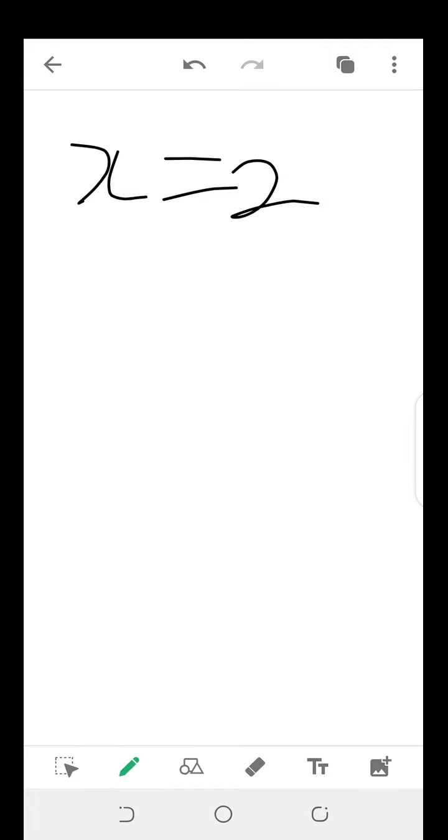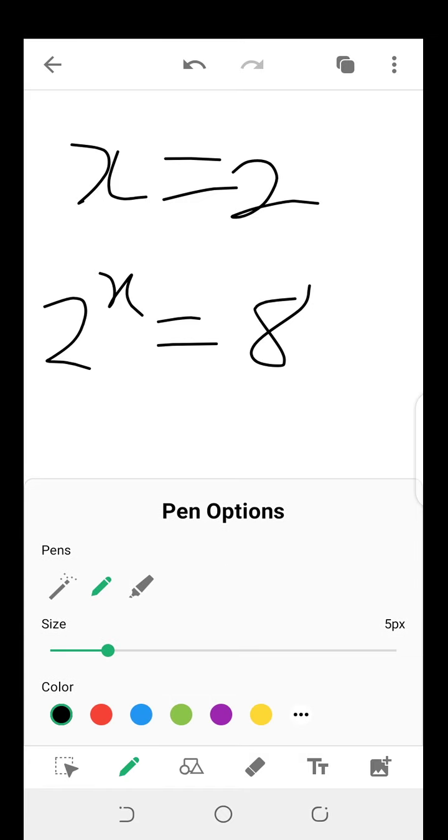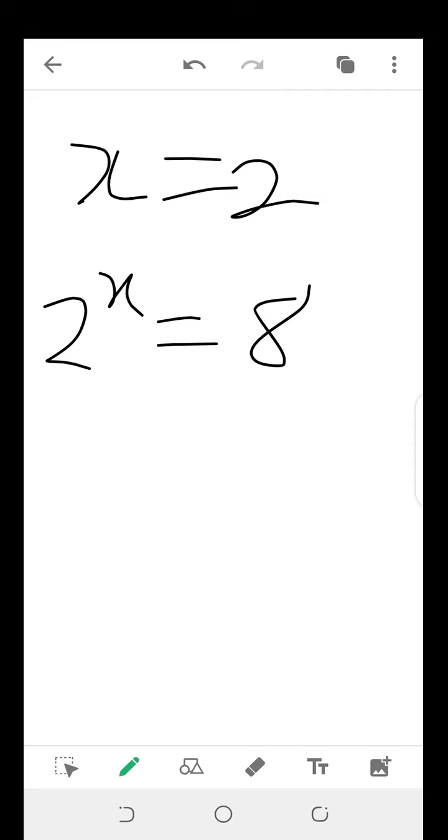We have to solve a lot of questions so that whenever you meet any exponential equation, you'll not find difficulty in solving them. Let's take our next example: 2 raised to power x is equal to 8. I said earlier that whenever you're dealing with an exponential equation, make sure your bases are the same. Here the base is 2, and here we have 8. So we need to change 8 so that it has the same base as 2.